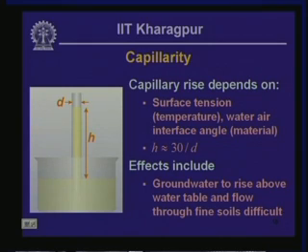It depends on the water-air interface angle, which is a material specific value. Typically though, the height of capillary rise is approximately equal to 30 divided by the diameter of the tube through which the capillary rise is taking place.